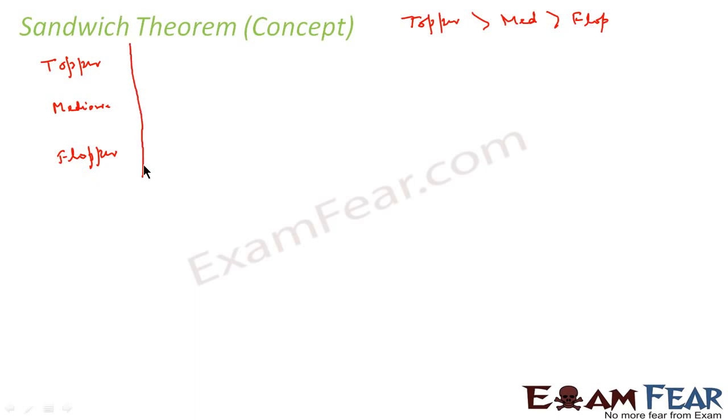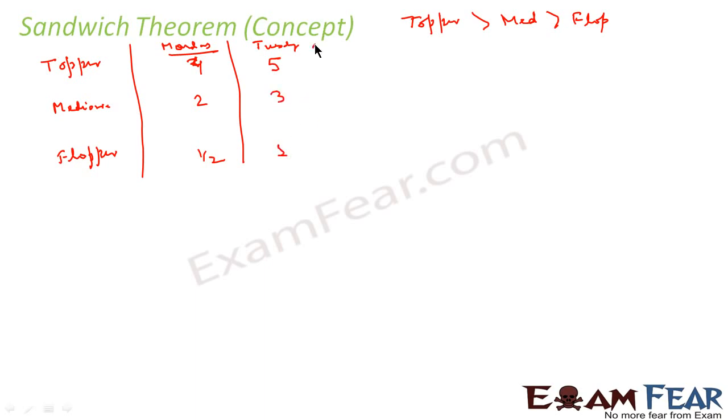On a particular date, let's suppose on Monday, the topper watched for 4 hours, the mediocre watched for 2 hours, and the flopper watched for 1/2 hour. On Tuesday, the topper watched for 5 hours, the mediocre for 3 hours, and the flopper for 1 hour.